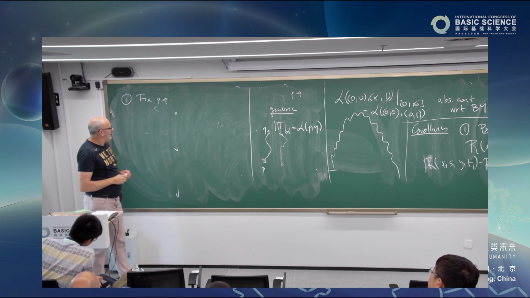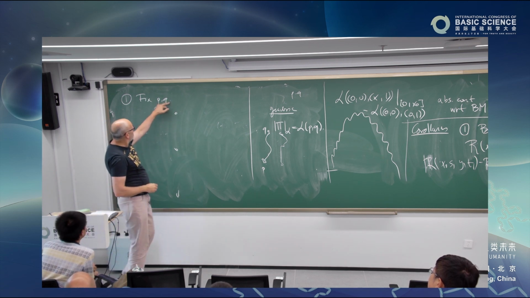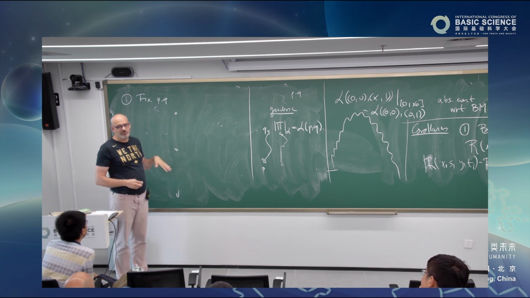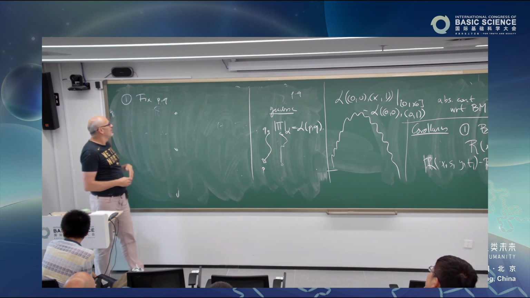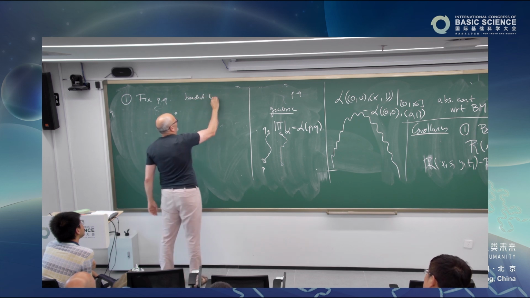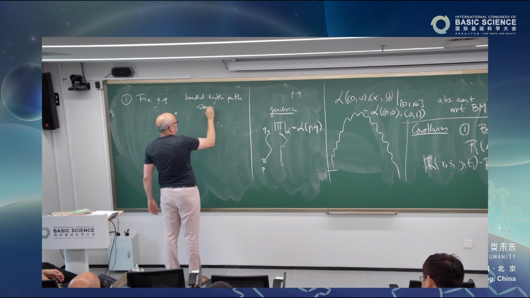Then it's not so hard to check that if you look at all paths between P and Q with at least some length, remember, the good paths here have big lengths, bad paths have small lengths because of the change of sign, so bounded length paths, they stay in a compact set.